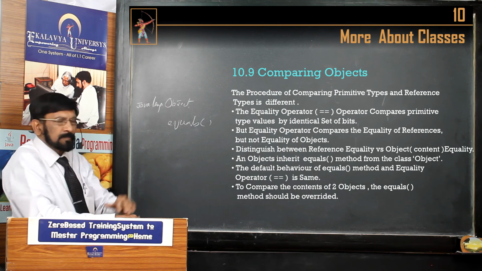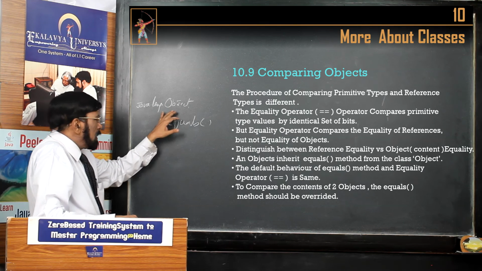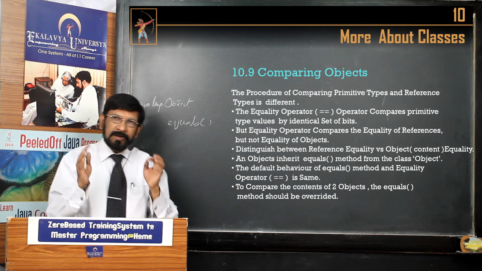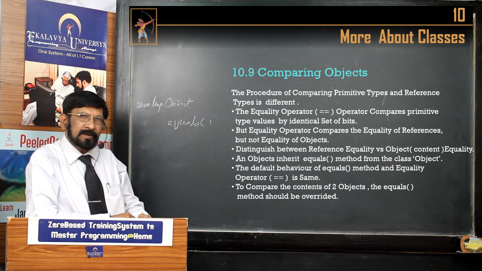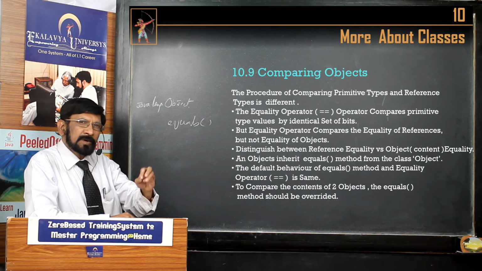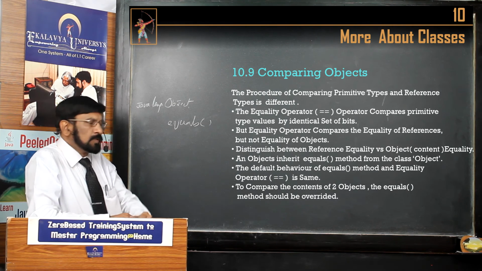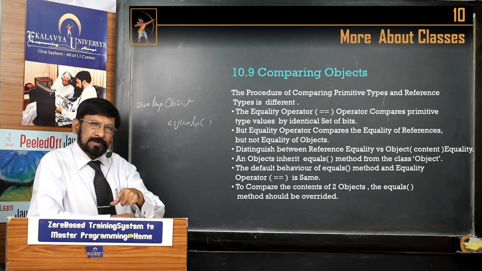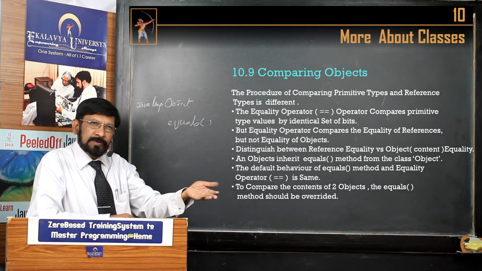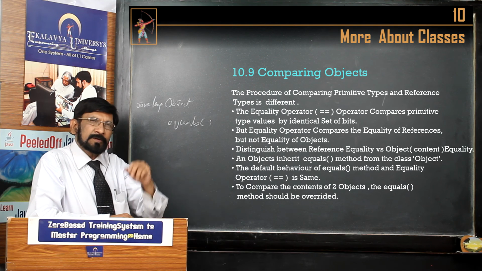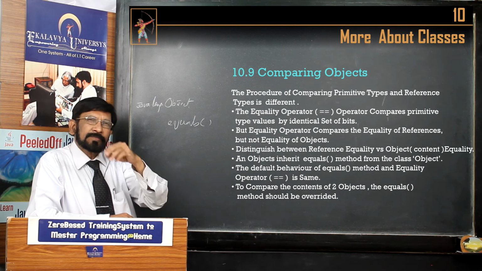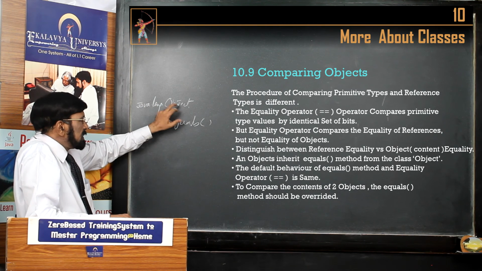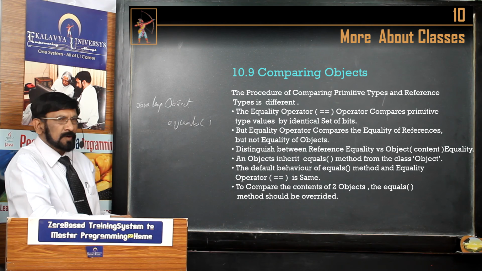One very important point to remember is that the Object class provides some general utility methods, which are commonly used by any object. Because of inheritance, every Java object, whatever you define, whether a student object, mark list object, or string object, inherits the methods defined in the Object class. That point you have to understand.